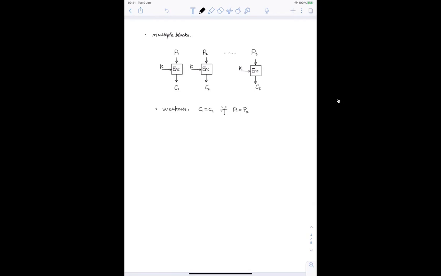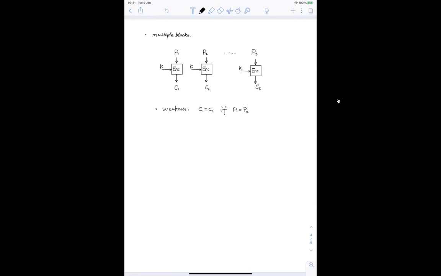Although each block itself might be quite strong, as a user you won't be satisfied with this encryption because it tells you a lot of information about the plaintext of the original image, right?